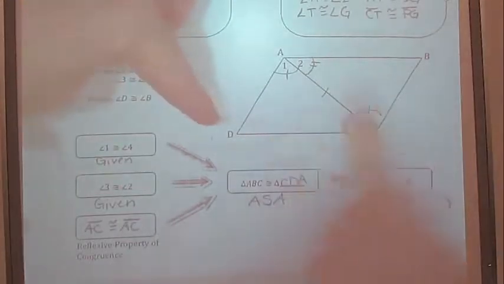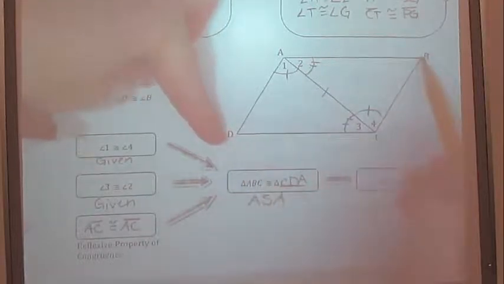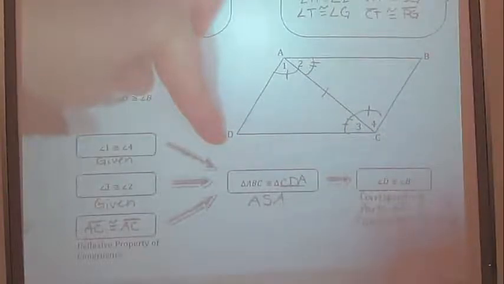Now, because these two triangles are congruent, and D and B are corresponding angles, we can say that they are congruent. So, corresponding parts of congruent triangles are congruent.